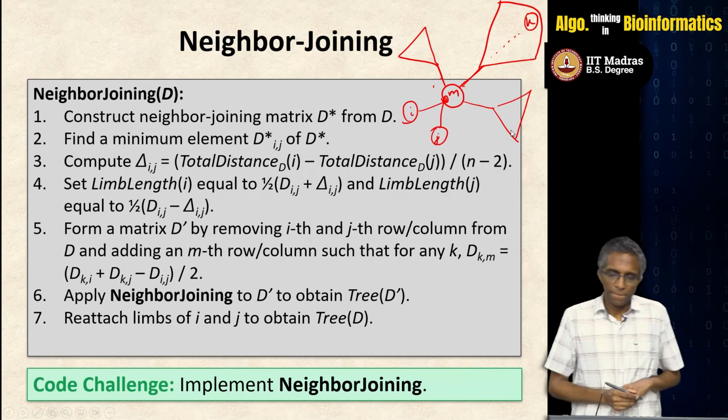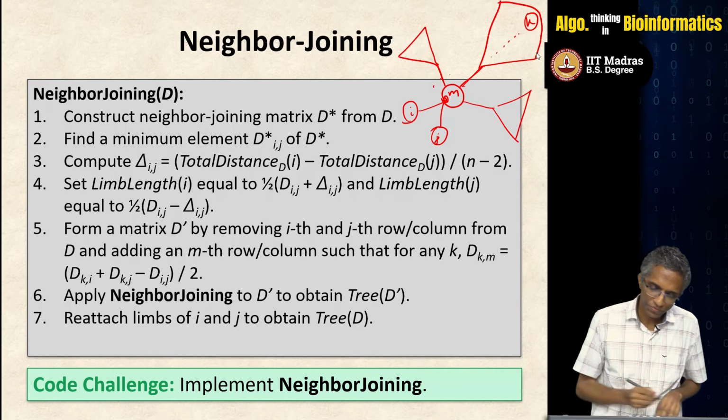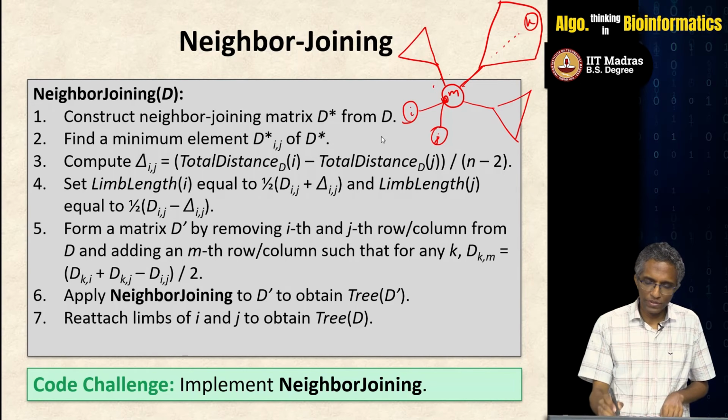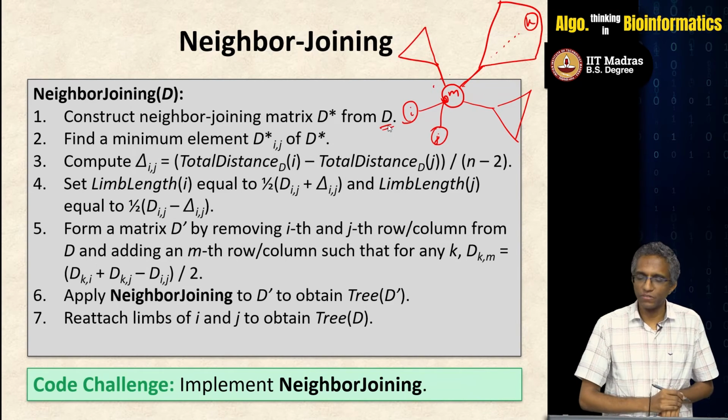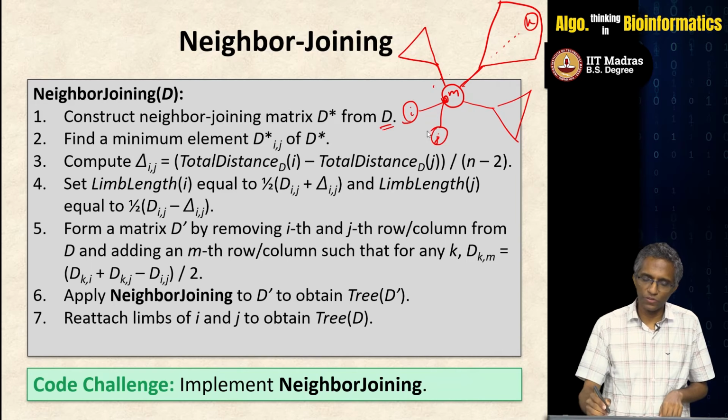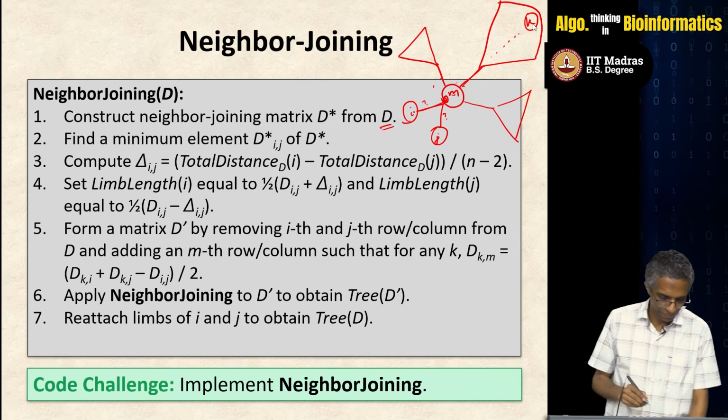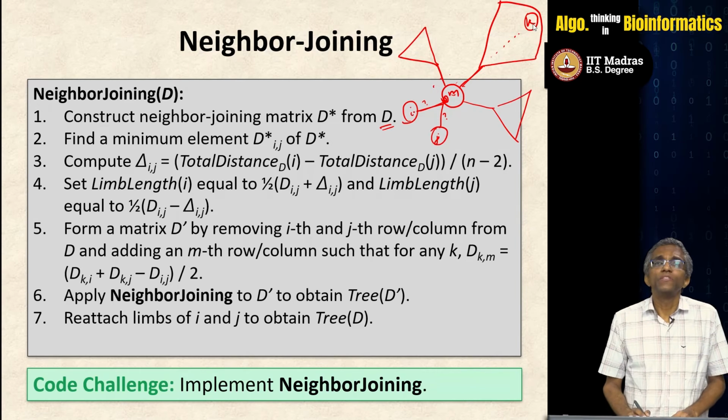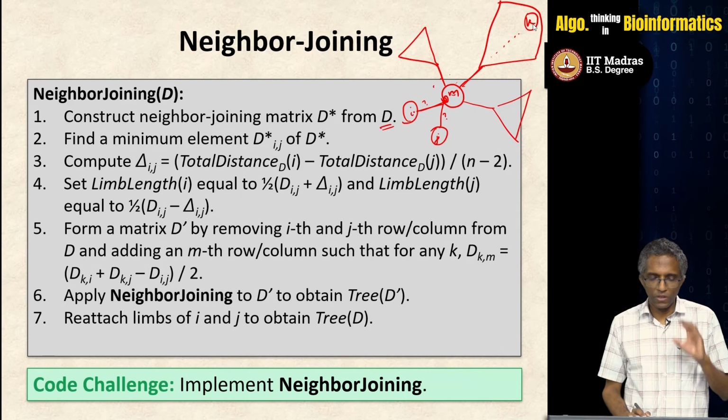Okay. So, now if your input matrix D is perfectly additive, then I can choose any other k to figure out what the limb length of i and limb length of j is. Okay. So, we were at the point of trying to figure out how neighbor joining works if the input matrix D is not additive.